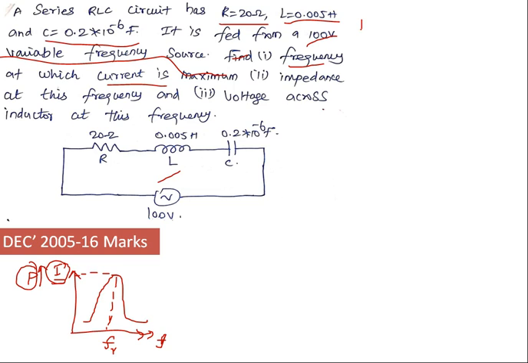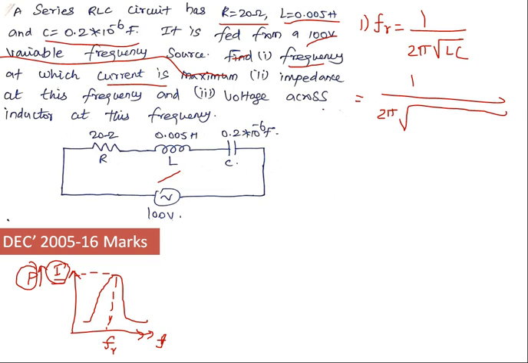What is the formula to calculate resonant frequency? Fr is equal to 1 by 2 pi root LC, which is equal to 1 divided by 2 pi into root of the inductance value 0.005 Henry and capacitance value 0.2 into 10 power minus 6 Farad.